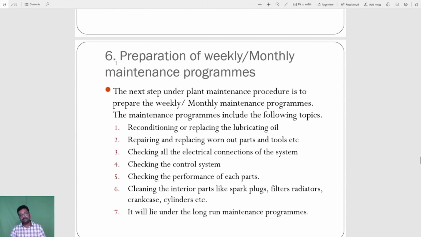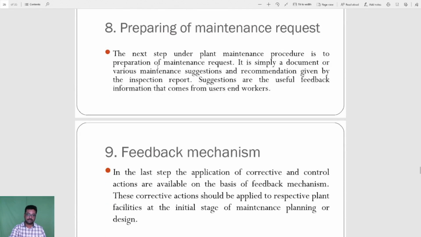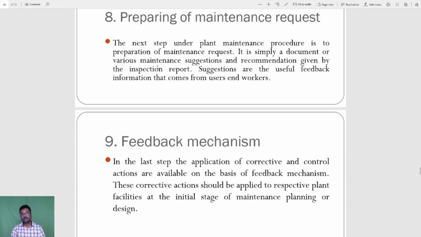In the sixth step, we need to prepare the weekly maintenance program. A separate maintenance engineer is there for all the plants. They will prepare all this information, and based on it, they will conduct the maintenance schedule. Then the inspection report. They also give a maintenance request if anything looks fishy.